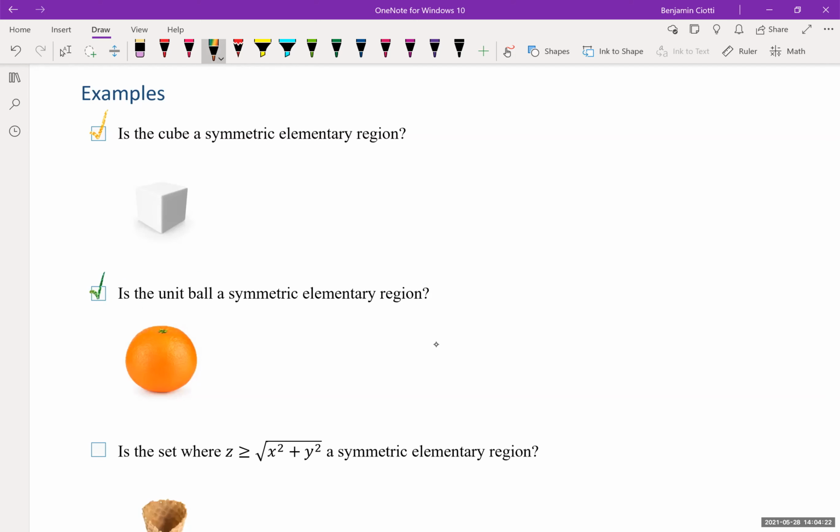In fact, how about, someone who said yes, Timothy, express the unit ball with y being between two functions of x and z. Y is between some function depending on x and z, and some other function of x and z. What would those two functions be?